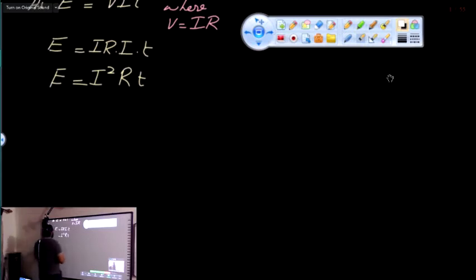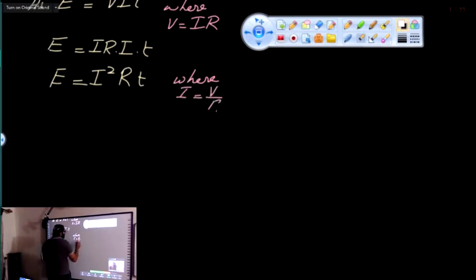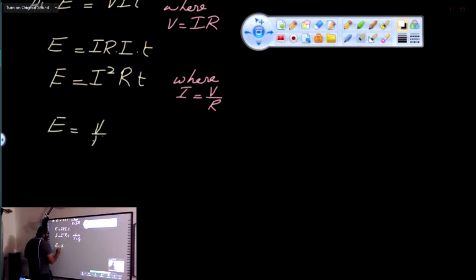Another formula that I can write is where I can be written as V over R. Therefore, we can also write it this way. Energy is equal to V over R times R T.